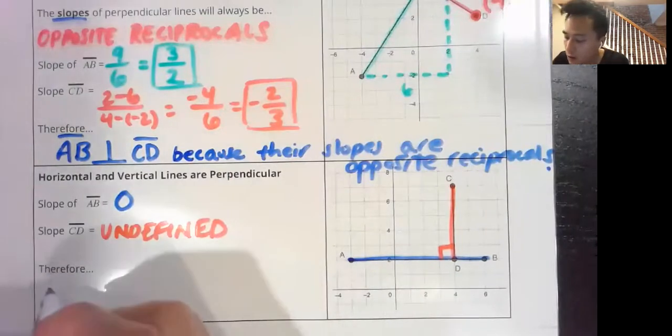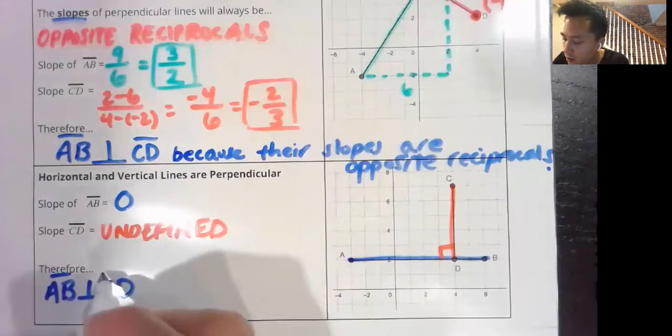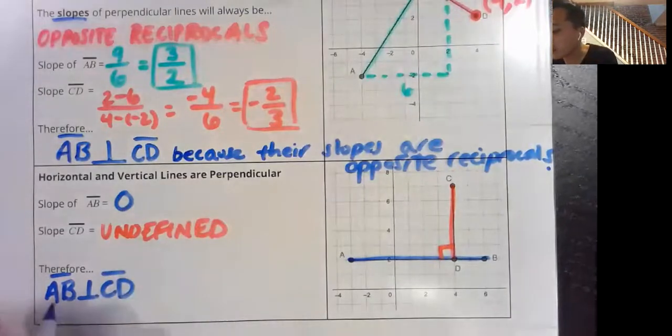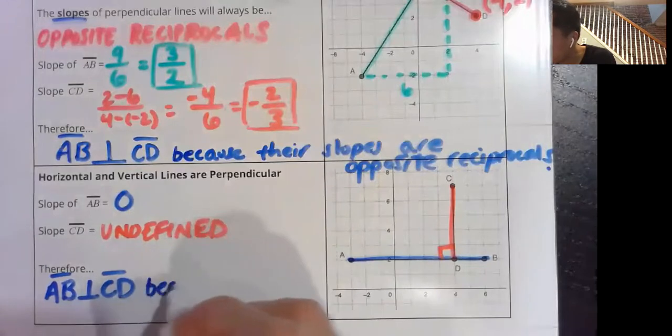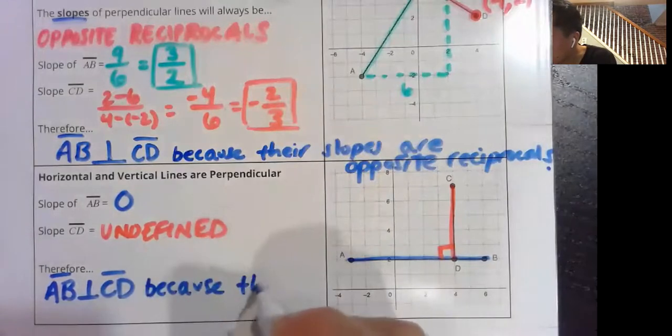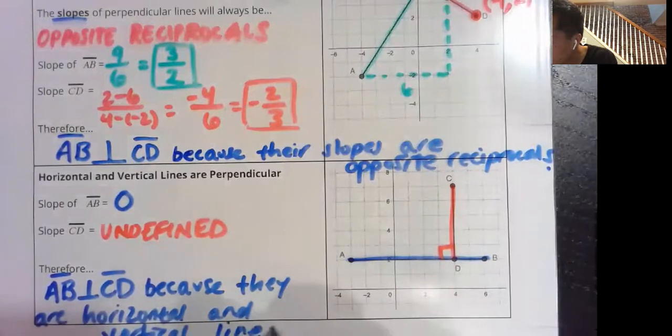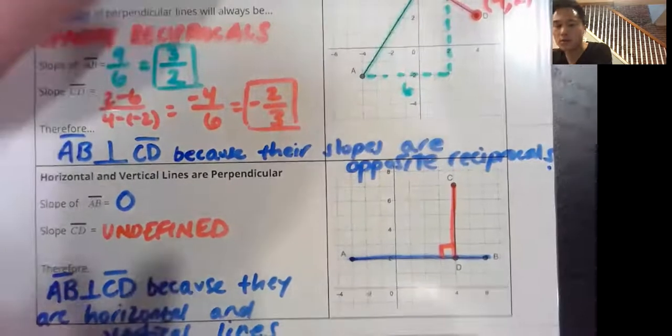Therefore, we can still conclude that these two lines are perpendicular, but for slightly different reasons. We can just say AB is perpendicular to CD because they are horizontal and vertical lines. So it's a special case.